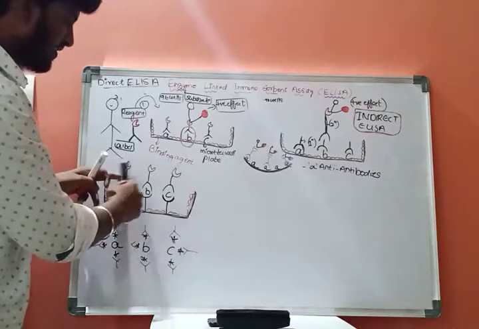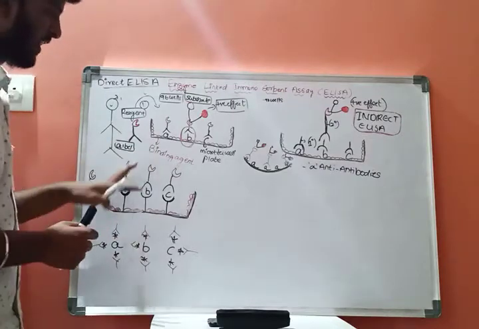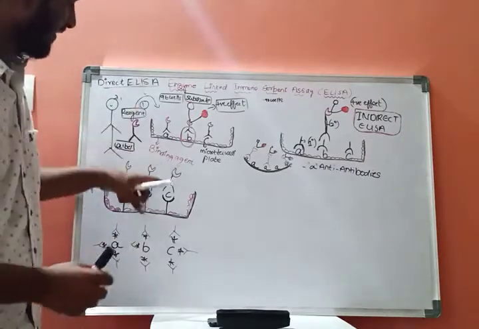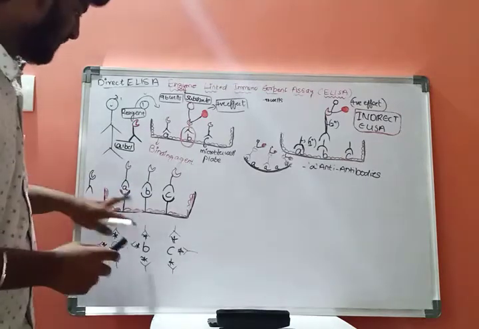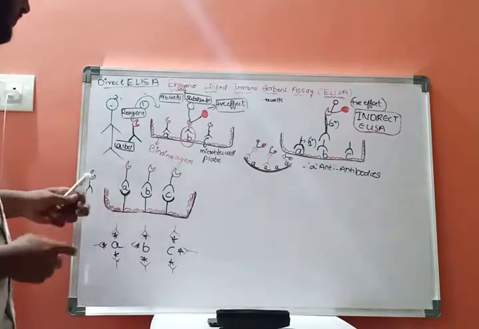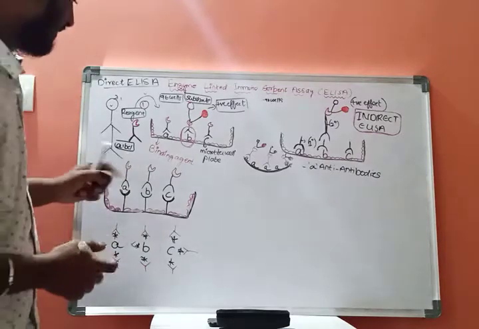Let us consider that secondary antibodies are attracted to the antigens, and here we are examining only B type of antigens. So this is specific to B type of antigens.